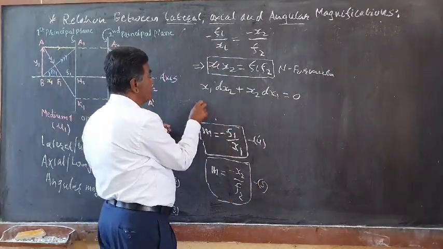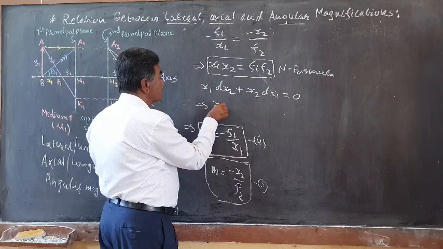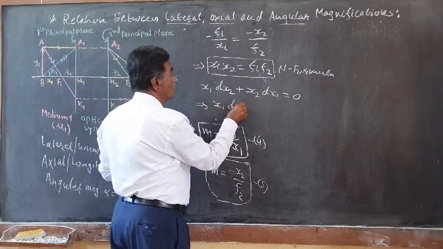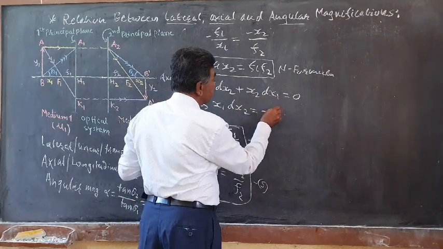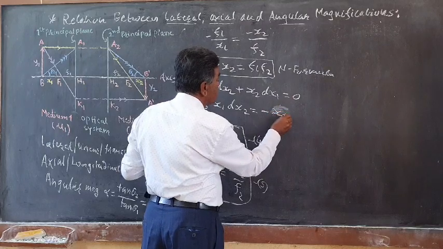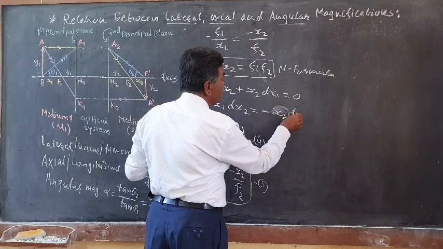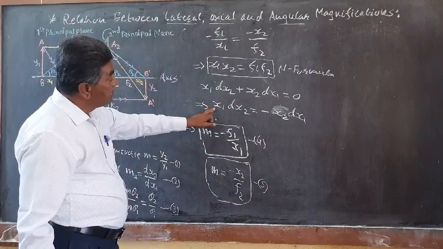Now this implies x1 dx2 will be equal to, taking to this side, minus x2 dx1.